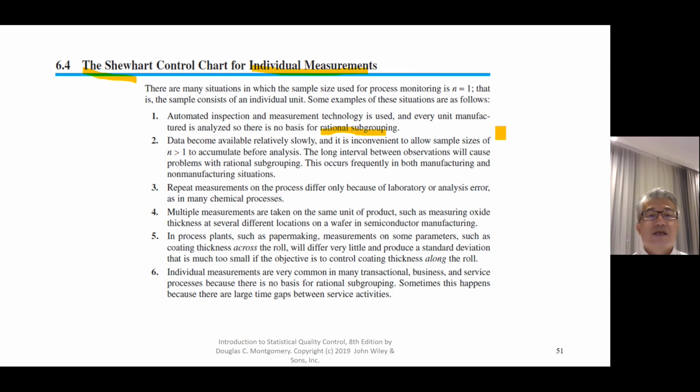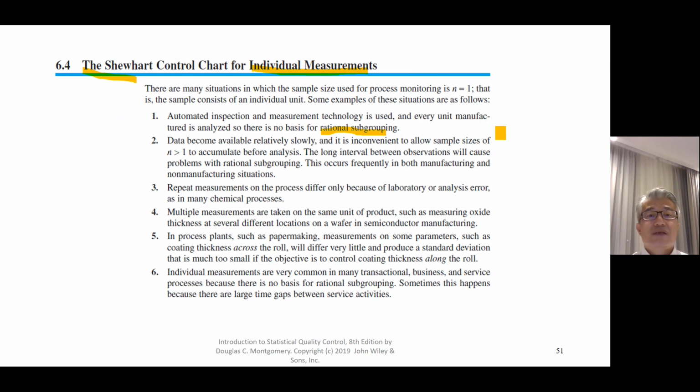In process plants, such as paper making, measurements on some parameters, such as coating thickness across the roll, will differ very little and produce a standard deviation that is much too small if the objective is to control coating thickness along the roll.